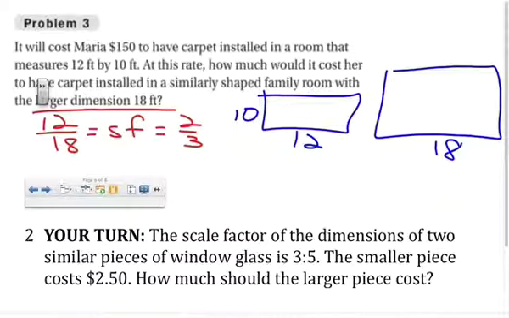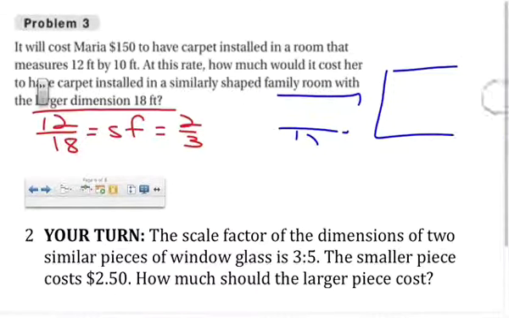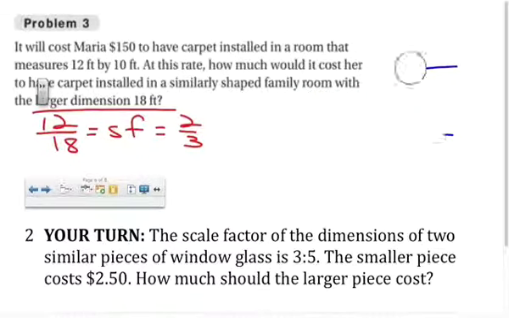Now we see the 12 over 18. So my scale factor is 2/3. How am I using that to figure out how much it's going to cost to carpet the larger room? Am I putting 2/3 in a proportion? No, because I'm carpeting a room. Carpet is sold by the square foot. I need to square this scale factor. So I have 4 over 9 that I'm putting in a proportion.